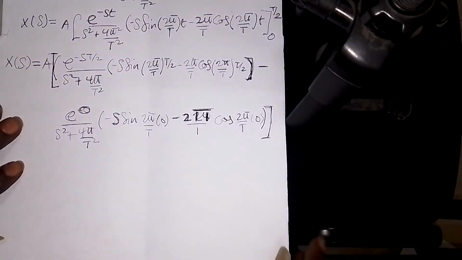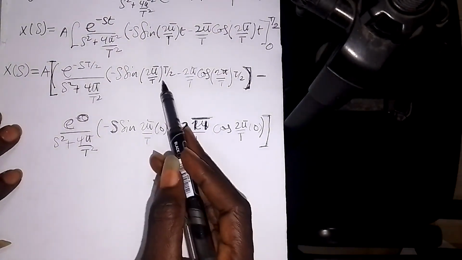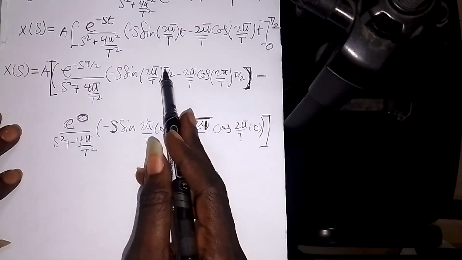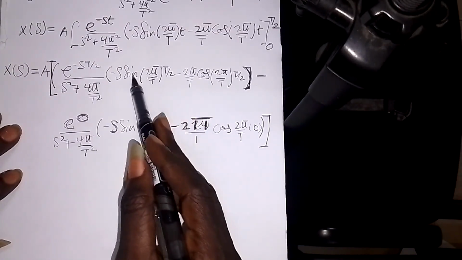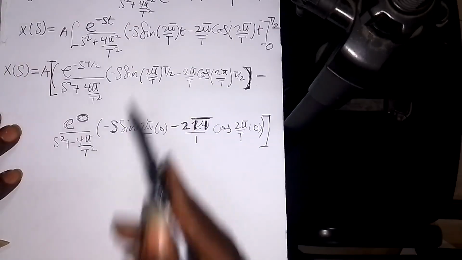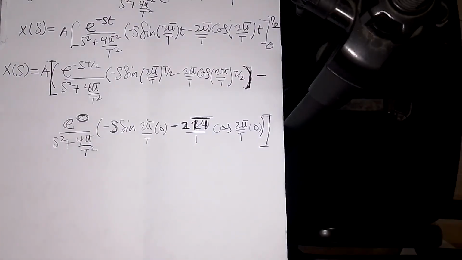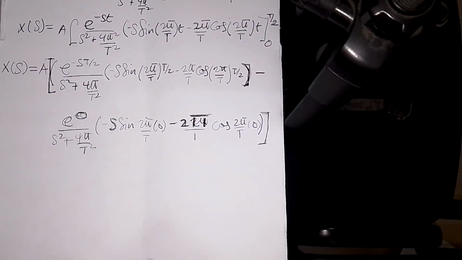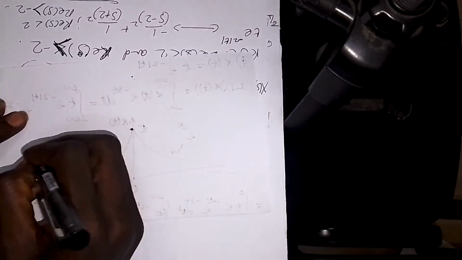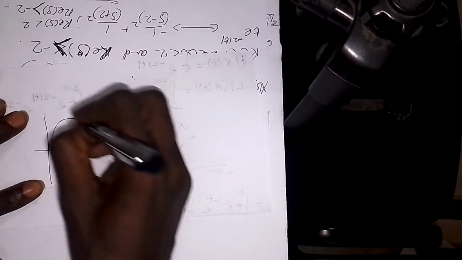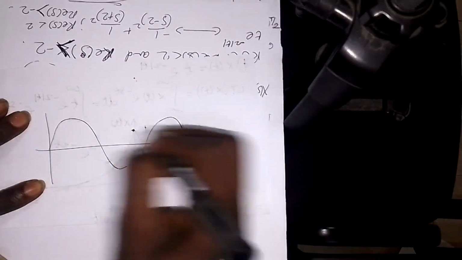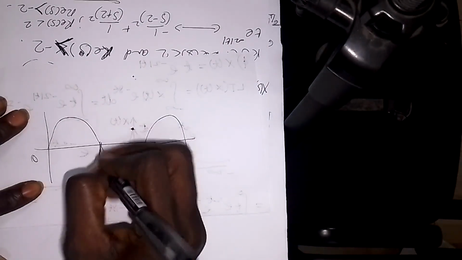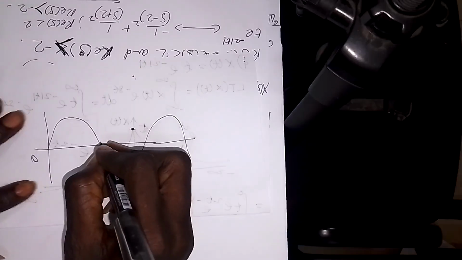Now here, t will cancel t, 2 will cancel 2. What is sine pi? Sine pi is 0. You should know that, because if you draw your sinusoidal curve, here is 0, here is pi, and sine pi is 0.